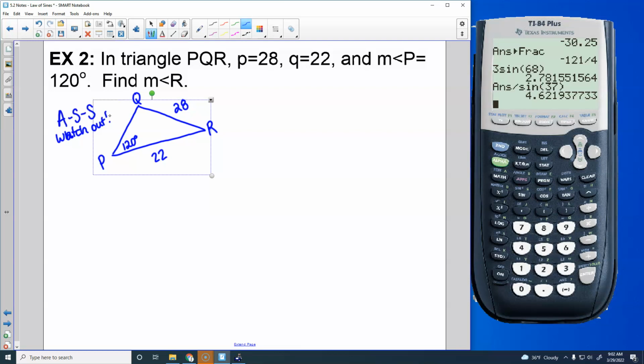Okay, so I will show you on this one how to check for the ambiguous case. This is the only time you're allowed to write ASS on your paper without getting in trouble. Just make sure you are able to explain to Mr. Hull whenever he walks in what ASS stands for in that particular case.